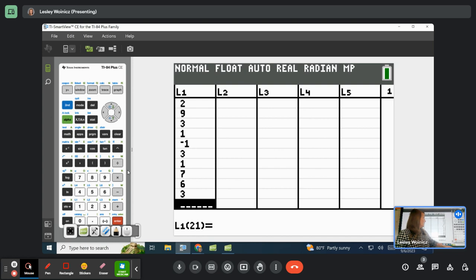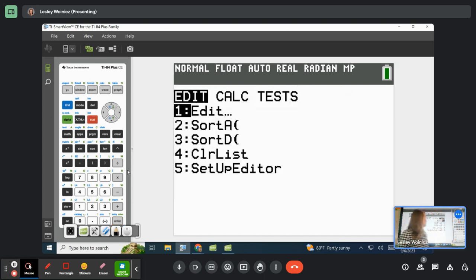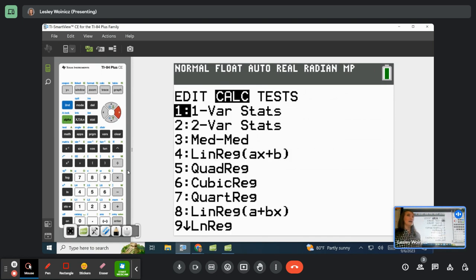Okay, now I'm going to go to stat, and instead of editing my list, I'm going to go to the calculate menu, which is in the middle, so I'm going to arrow to the right, and I only have one variable. The variable is the time early or late, right?